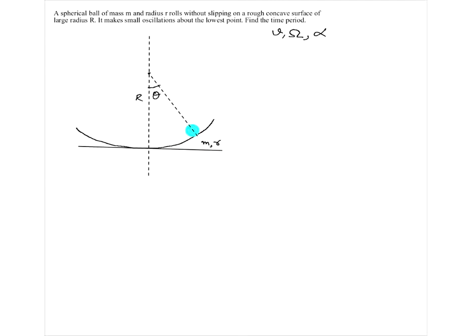Kinetic plus potential. It is pure rolling. Kinetic energy in pure rolling is given by half m v square plus half I center of mass omega square, where this omega is this omega. That is kinetic energy.